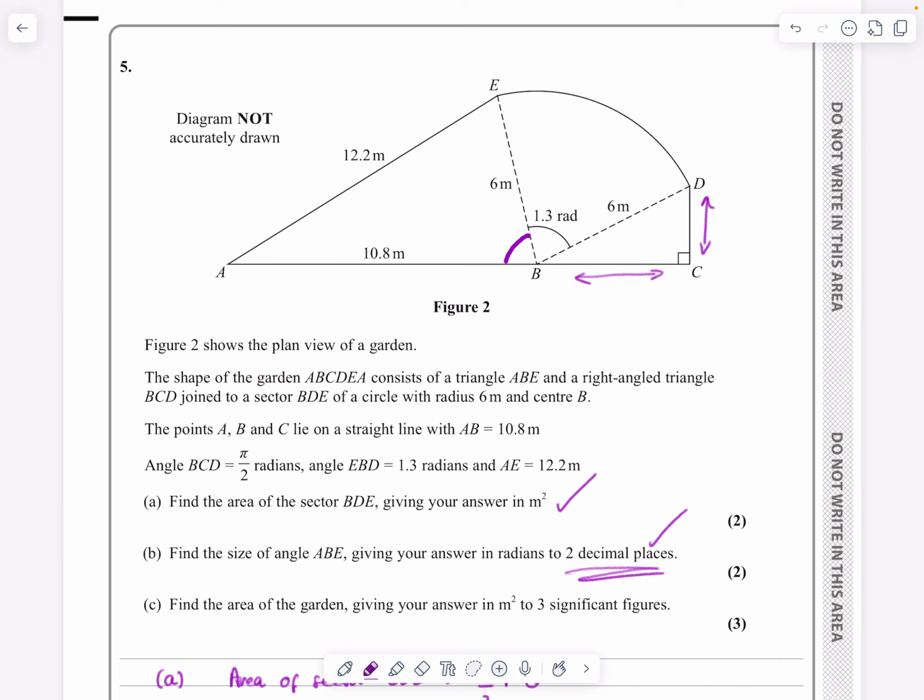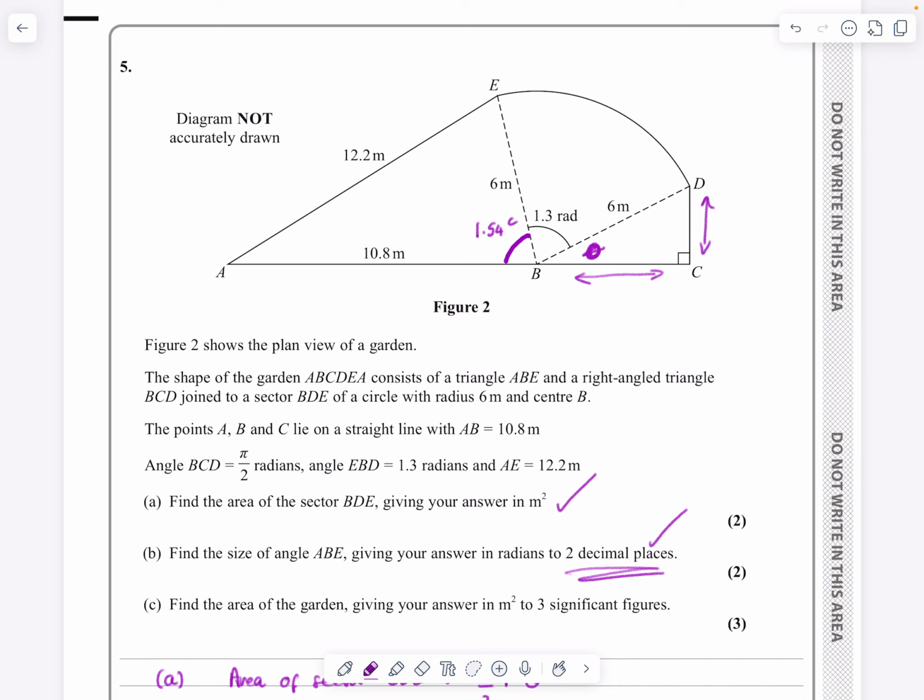Remember, we've just found from our previous work that this is 1.54 radians. So what I can do now is work out this missing angle here, because it'll be pi minus 1.54 minus the 1.3.